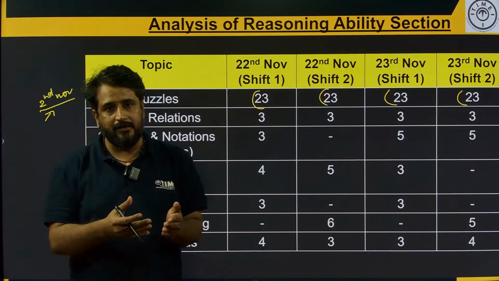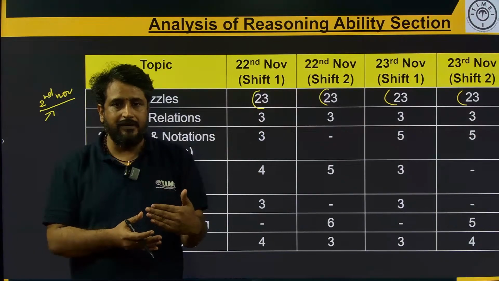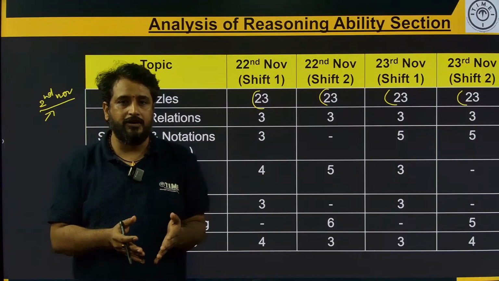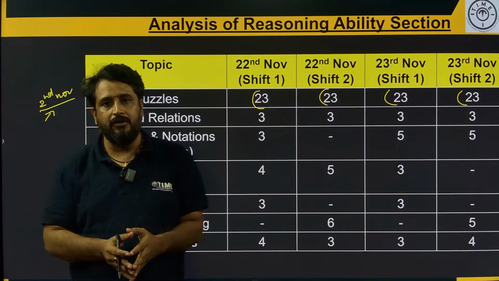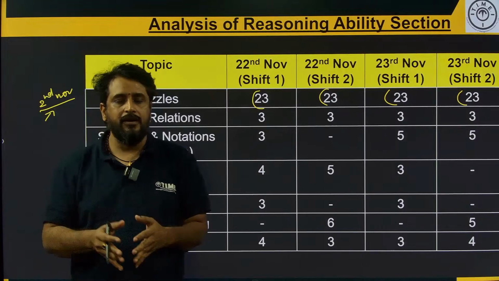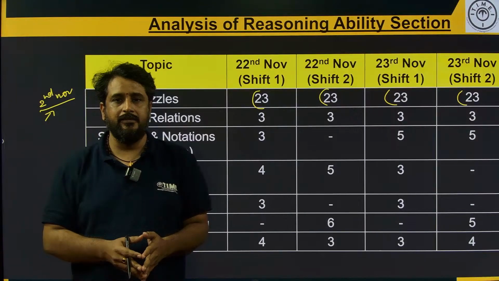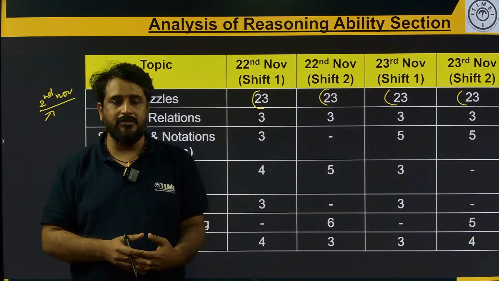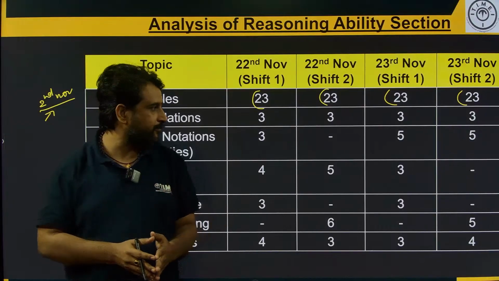So blood relations and puzzles alone consumed 26 questions. The remaining 14 questions are distributed to the remaining areas like direction sense, syllogisms, symbols and notations, and miscellaneous questions.